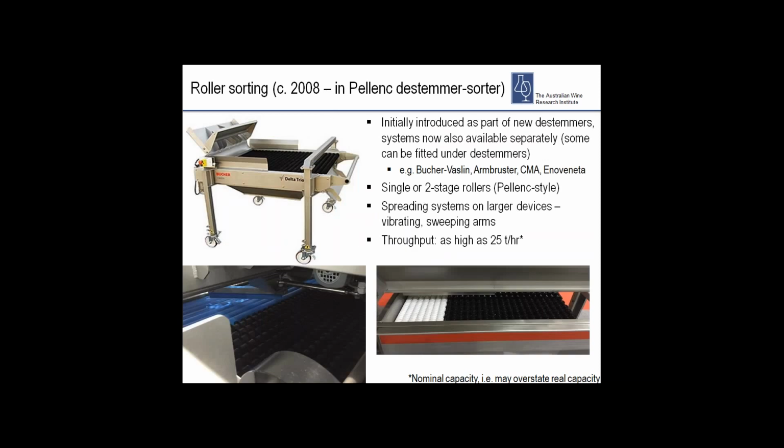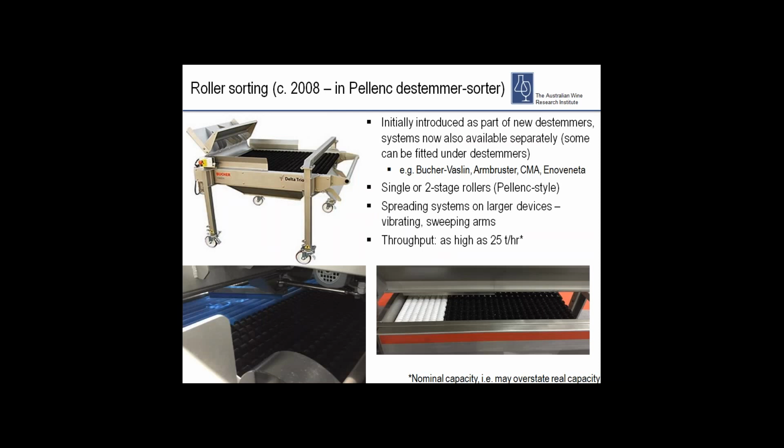I guess as we saw earlier when I was talking about the vibrating destemmer sorters, roller sorters are commonly used, but they can also be purchased separately and put into existing winery setups.